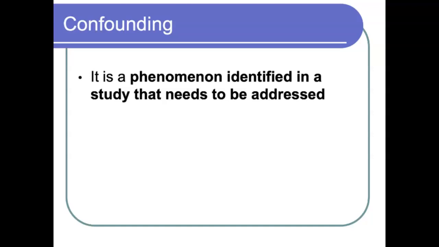But sometimes we actually just review the literature and look at, based on the literature, what variables have been shown to be associated with the exposure and the outcome variable, and are not going to be on that causal pathway. Whatever variables you consider to be potential confounders, one of the really important pieces of confounding is that it is a phenomenon that we identify in our studies that needs to actually be addressed.